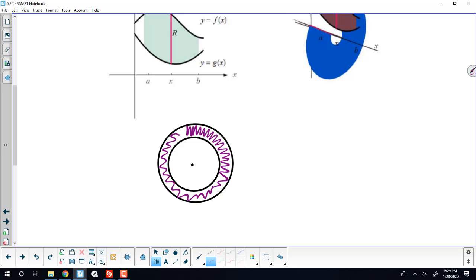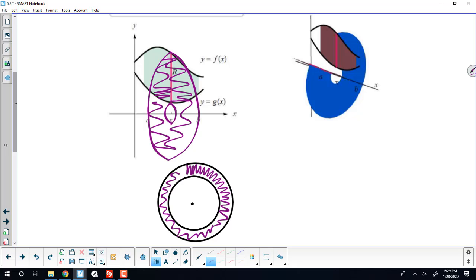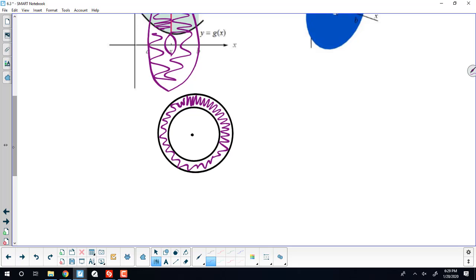That's what's giving us this here, our washer, our outer radius here, radius here. So all of this stuff revolved around this axis gives us all of this stuff. So the way we compute the area, we just compute the area of the larger circle minus the area of the smaller circle.